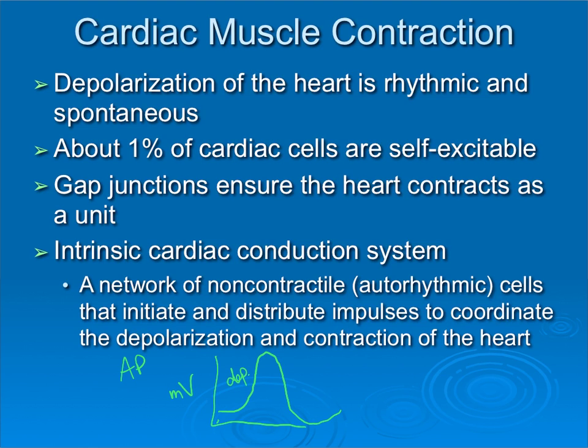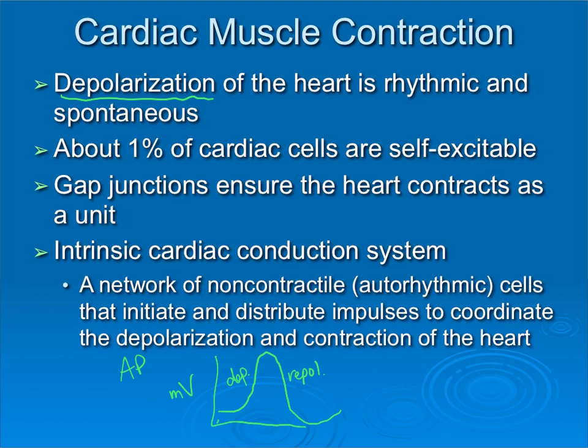So you have depolarization, repolarization. So when you first excite the cardiac muscle, you're sending an electrical current. So we call that you are depolarizing the heart muscle. And what we're actually going to see is some of these cardiac muscle cells are specialized.